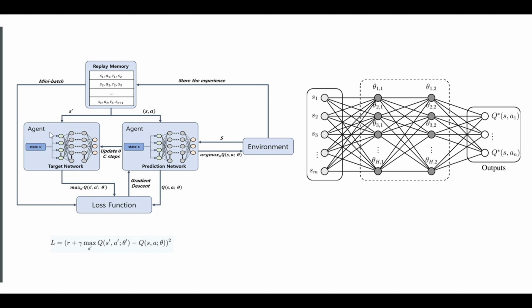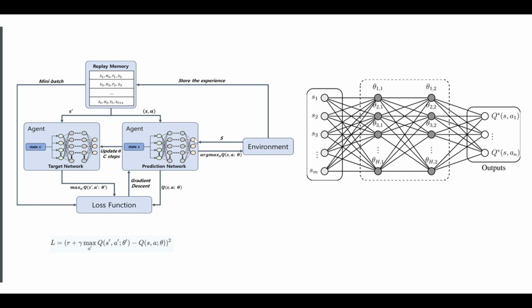Then the target network is used to calculate the target Q value that we want this network to output based on a state S. Okay, what does that mean? Given the state S, this network outputs a Q value for each action, right?